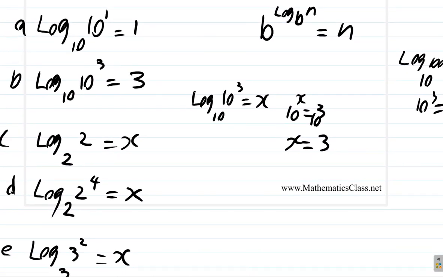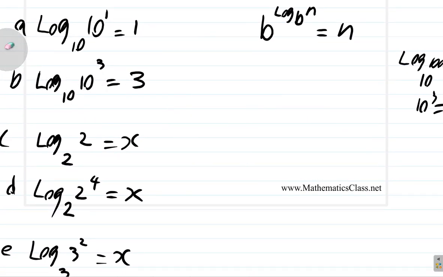Let's look at letter C. The log with a base of 2 and the number you're logging is 2 is equal to x. In index form, 2 to the x equals 2. What do you say? 2 to the power of x is equal to 2. 2 to the what equals 2 to the 1?